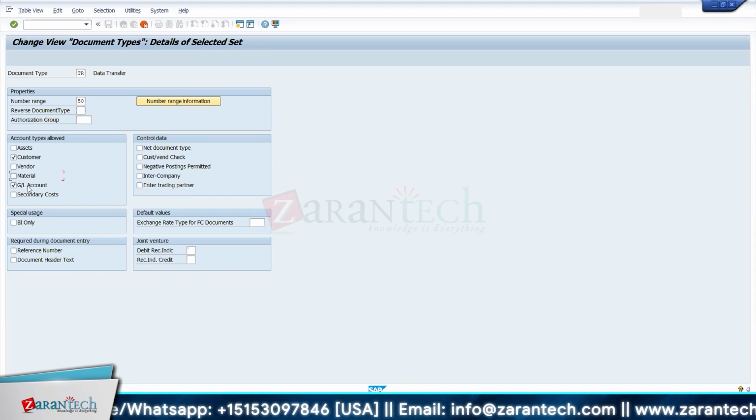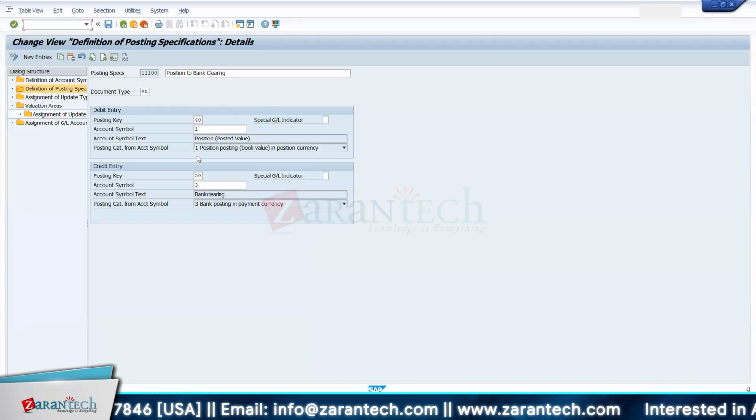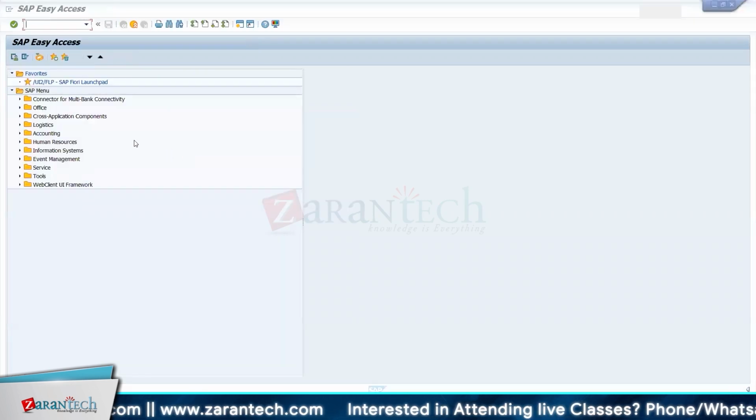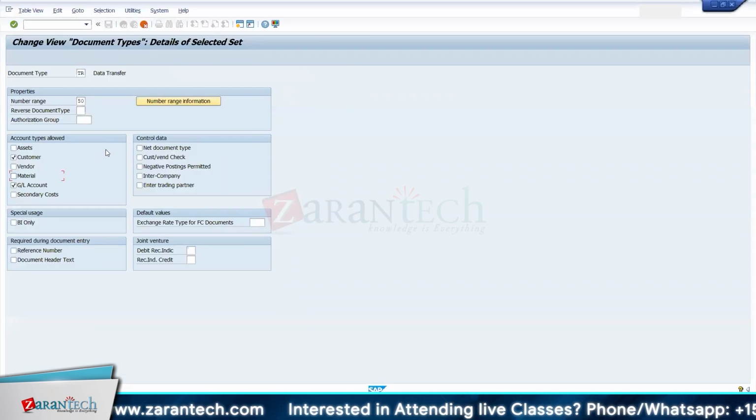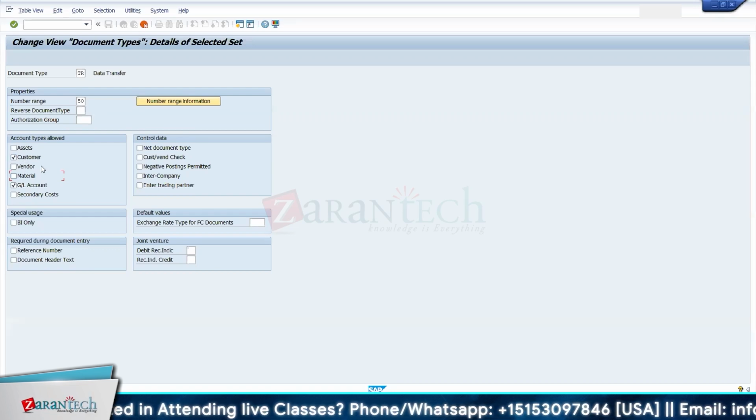customer and GL account. Suppose here posting key, I have 40-50, which means I'm going to post on the GL account, and the treasury module can integrate with customer account. It cannot be integrated with vendor account unless you do some enhancement. So if for some transactions you want the posting to happen to a sub-ledger account, then you can use this customer.